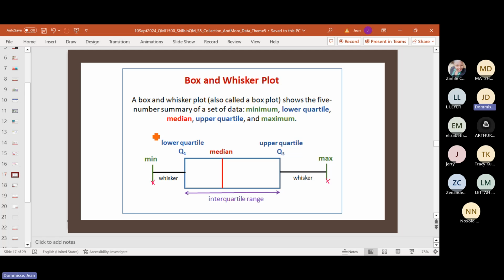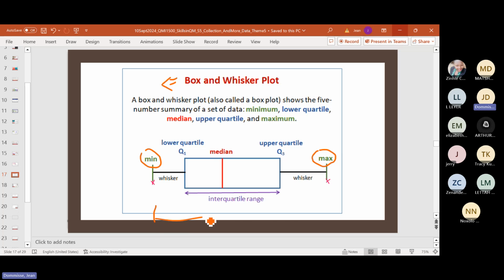Then what you would also find is we talk about a box and whisker plot, but everything that we've now done already is nearly summarized in that box and whisker plot. So there's a minimum value, there's a maximum value.